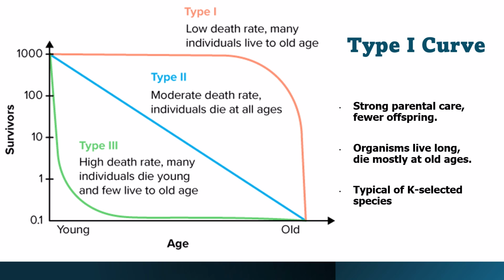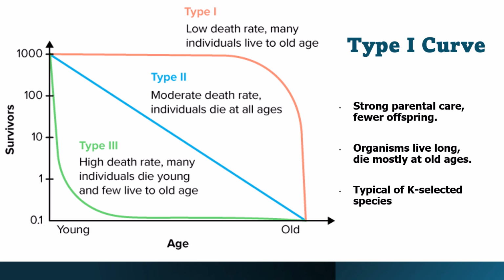When we talk about type 1 curves, they represent species that invest heavily in a small number of offspring. Parents in these species typically provide care and protection, ensuring most young survive into adulthood. Mortality doesn't spike until much later in life.